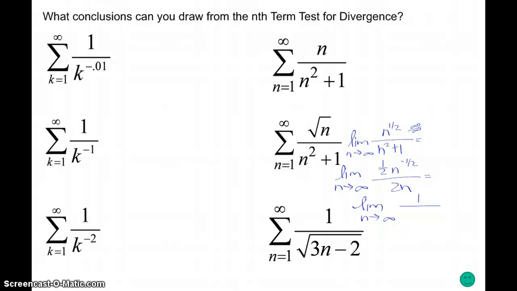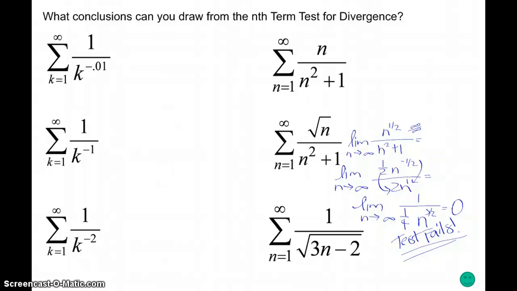This is 1 over 1/4. Are we okay with that? This is actually down here. And this n to the 1/2 comes down here. We already have an n there. This is going to 0. Your test fails. Find another test.